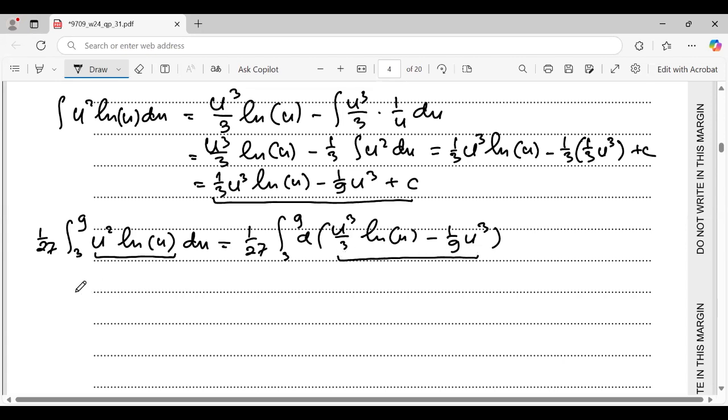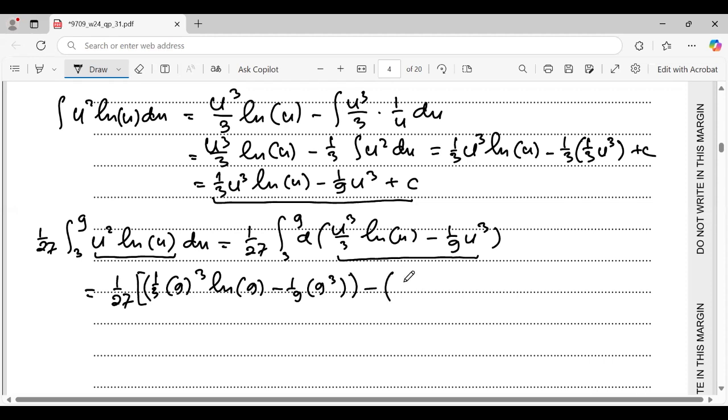As we substitute, it becomes 1/27 times: 1/3 times 9 cubed ln 9 minus 1/9 times 9 cubed.